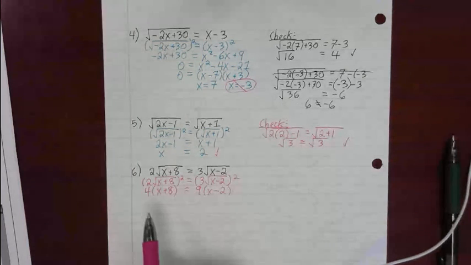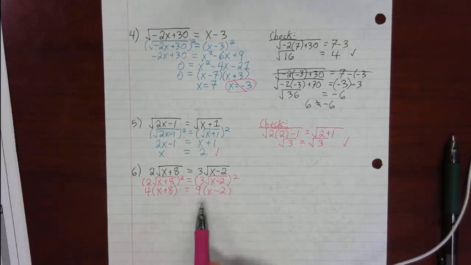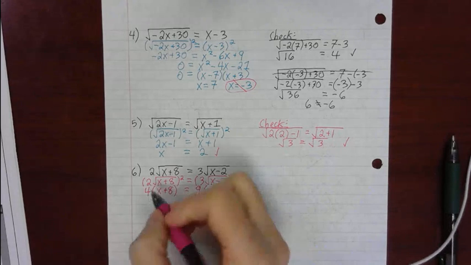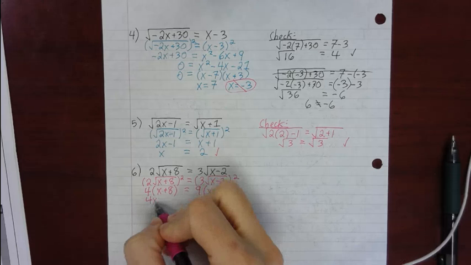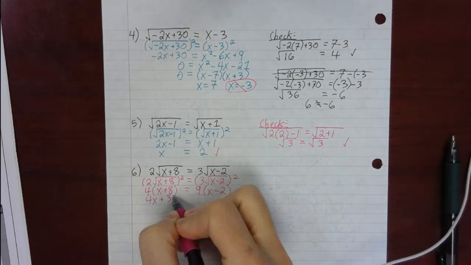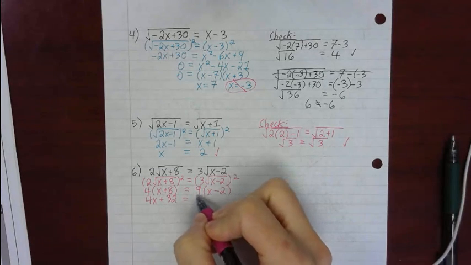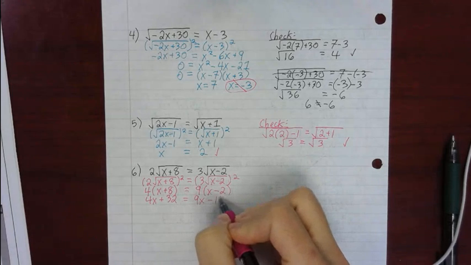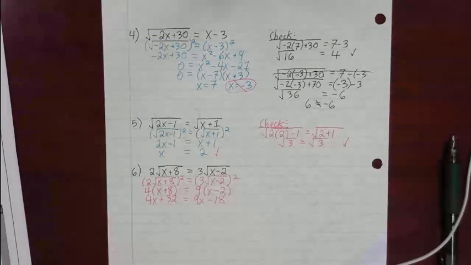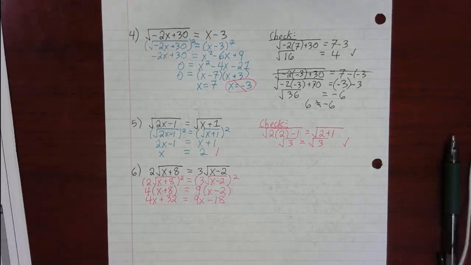Now I'm going to distribute the 4 to x plus 8 and distribute the 9 to x minus 2. So I have 4x plus 32 is now equal to 9x minus 18. And from here, just like with our prior problem, in number 5, we have a two-sided linear equation to solve.